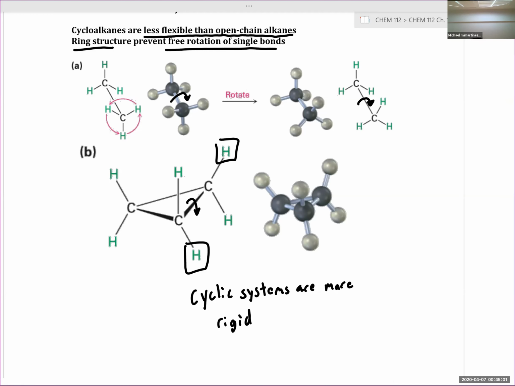For which structure? Oh, the cyclopropane right here. Let me check the camera view. Okay. How about now? Does that look okay?